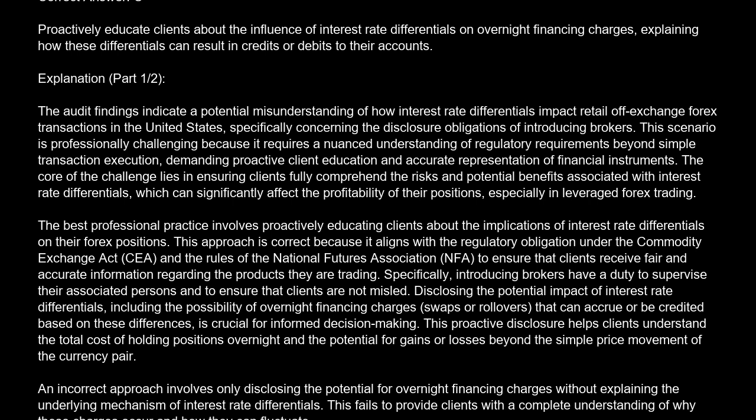Disclosing the potential impact of interest rate differentials, including the possibility of overnight financing charges, swaps, or rollovers that can accrue or be credited based on these differences, is crucial for informed decision-making. This proactive disclosure helps clients understand the total cost of holding positions overnight and the potential for gains or losses beyond the simple price movement of the currency pair.